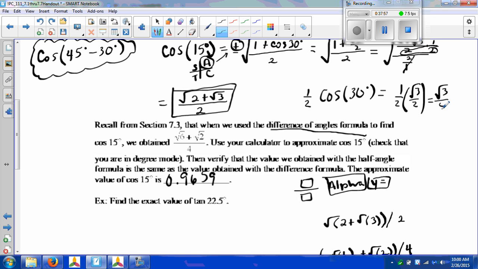If you put root 3 over 4 in your calculator, then you get approximately 0.4330. Okay, so definitely not equal. So these two are not equal. Do not make them equal.